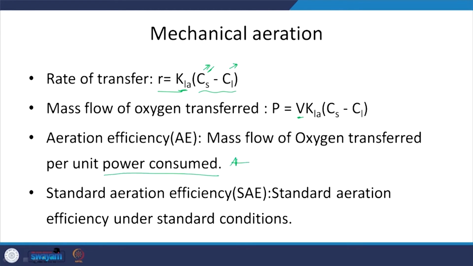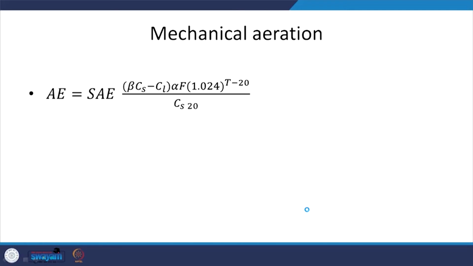This takes into account the local conditions with respect to the pumps and such. Standard aeration efficiency is the efficiency at standard conditions. This takes into account your pumps and energy efficiency too. So, that is what you have, again a similar profile. We will not go into that in detail here.